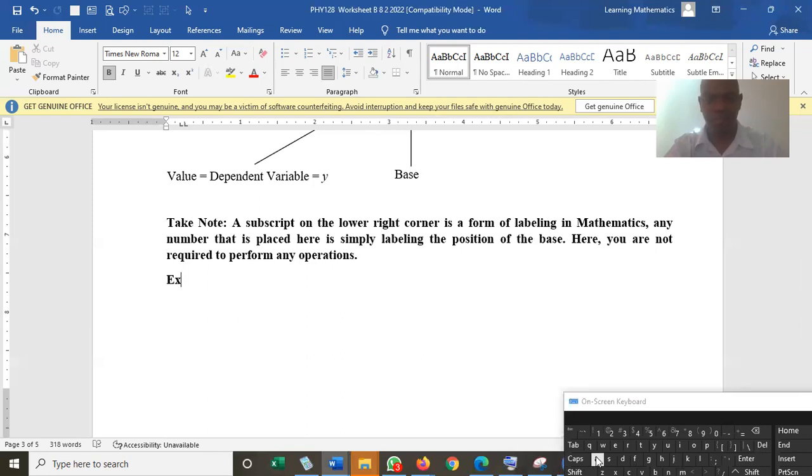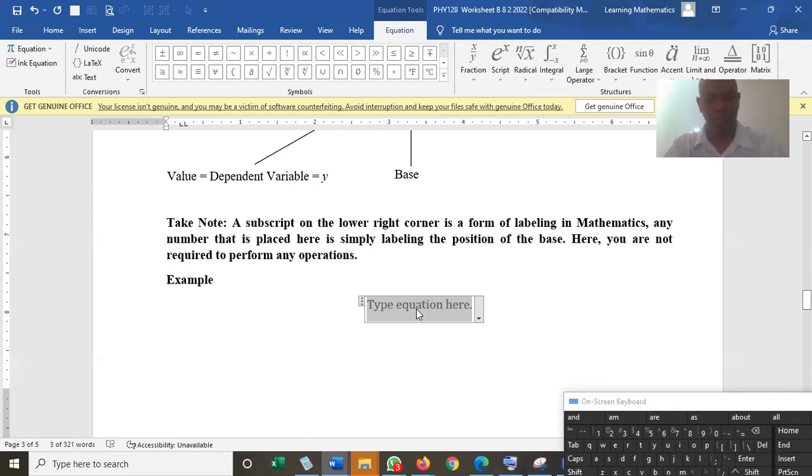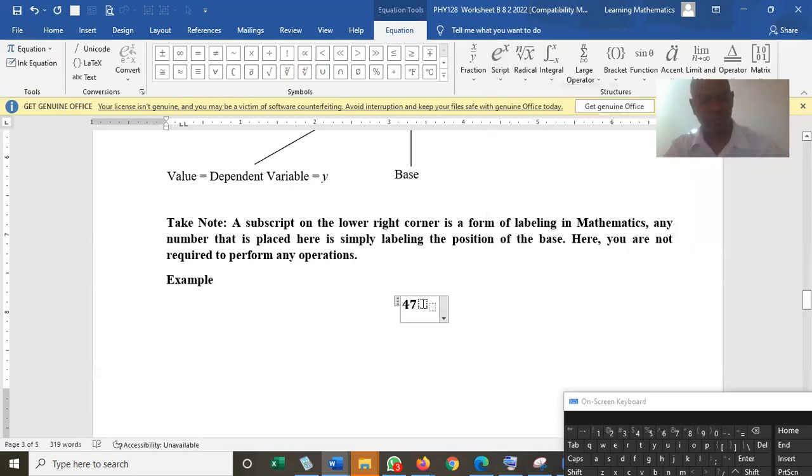For example, if you have, let's say, 47, and you have a subscript on the lower right corner, let's say you put 47 there, and you have a 2 there.